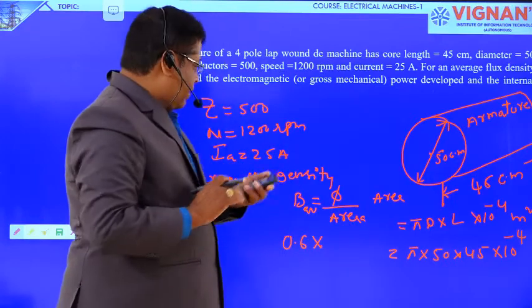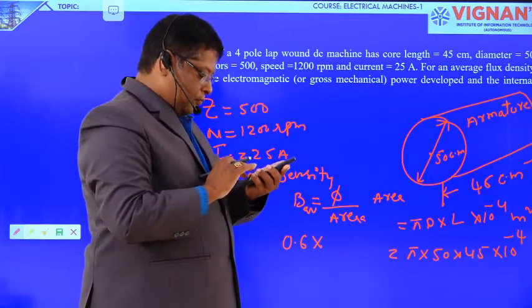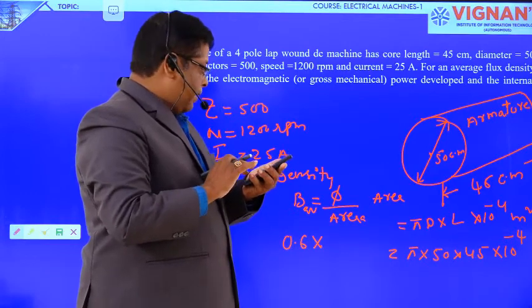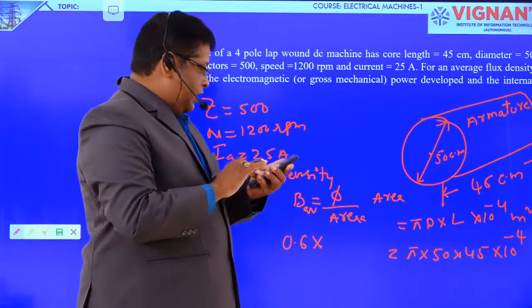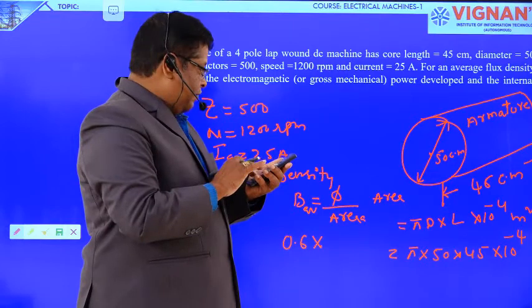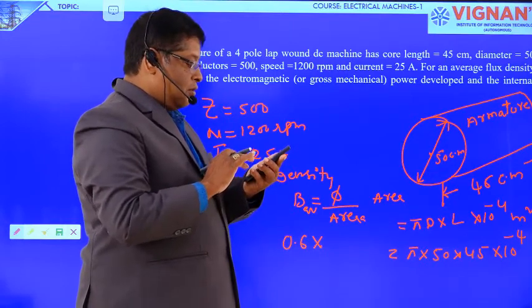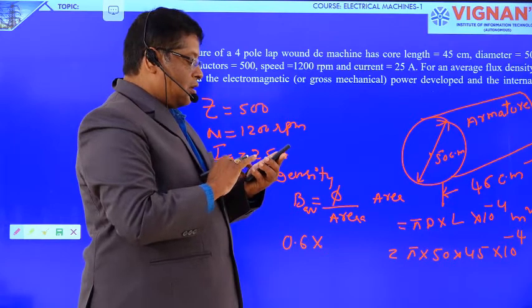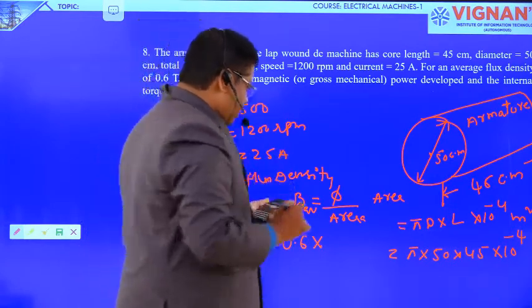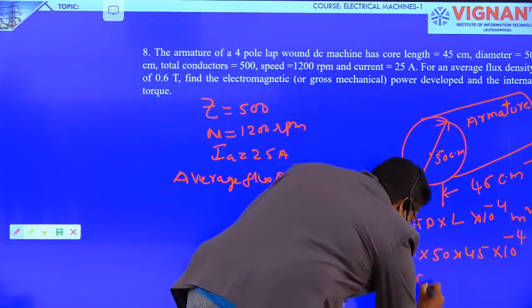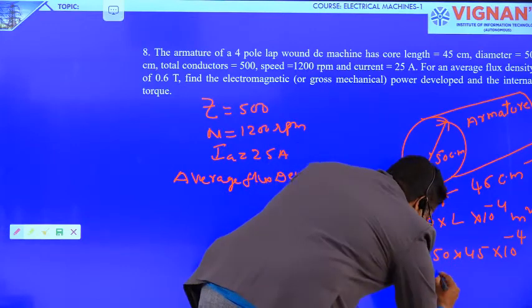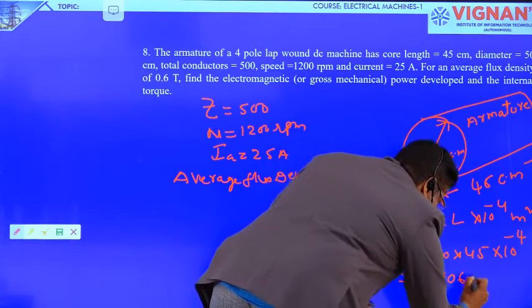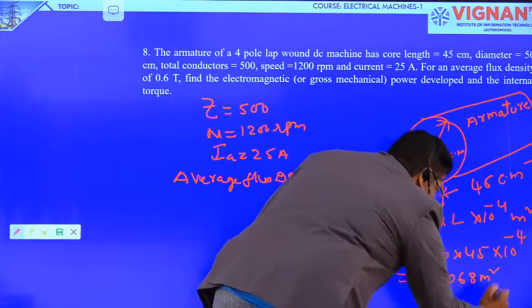Now this value becomes pi into 50 into 45 divided by 1000. You are getting 0.7068 meter square. This is the area.